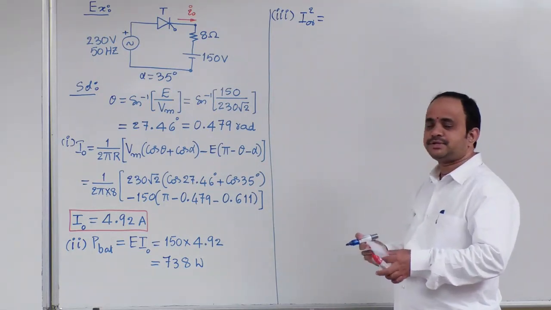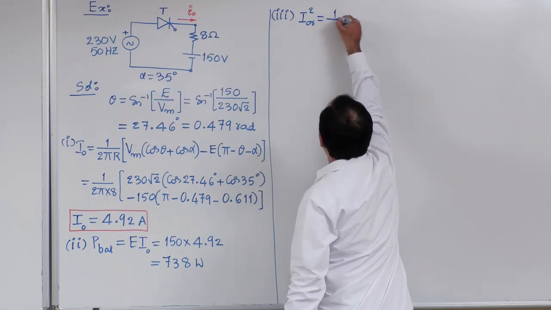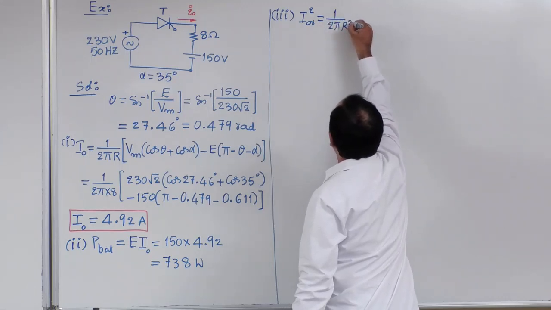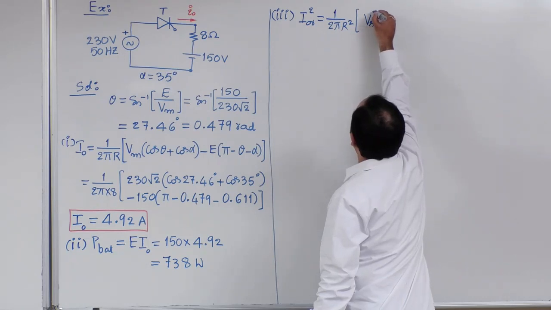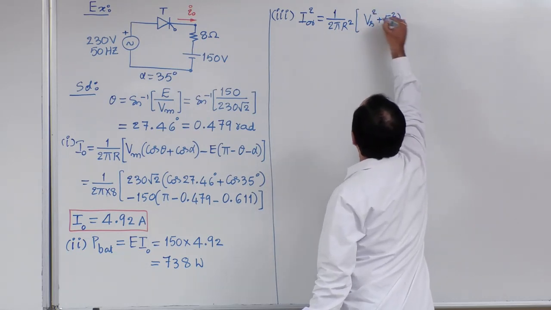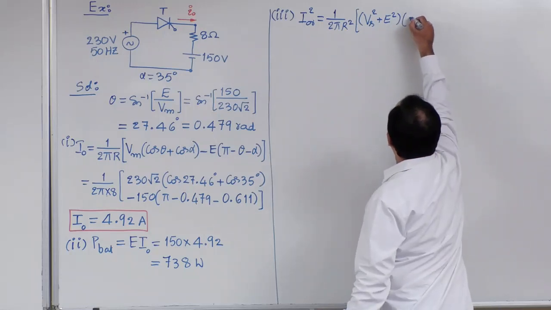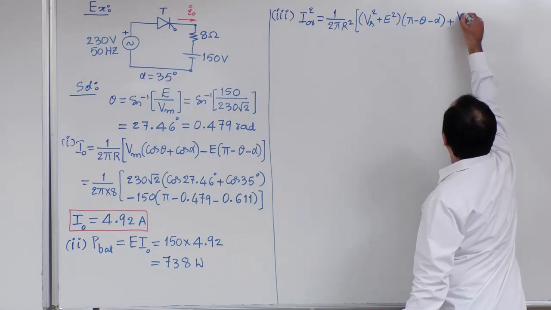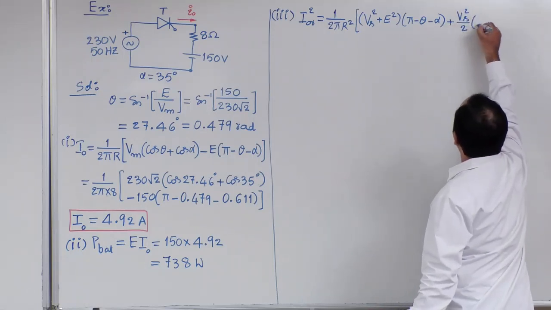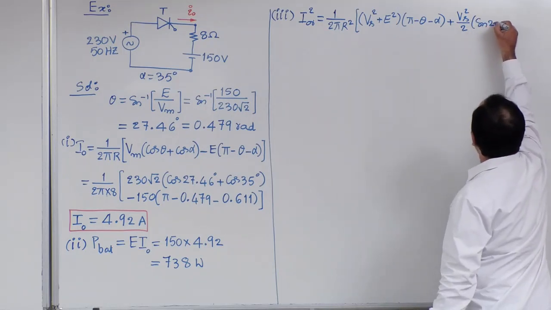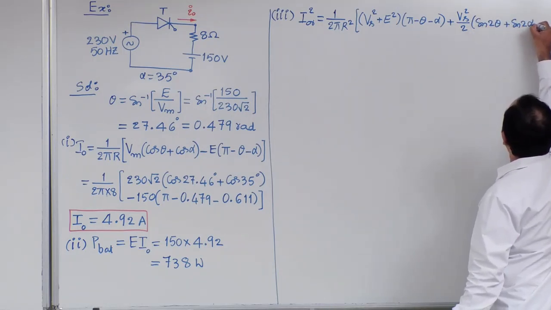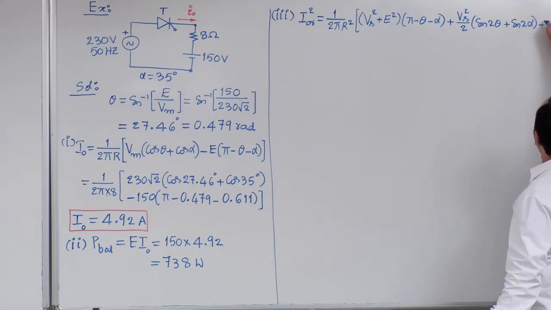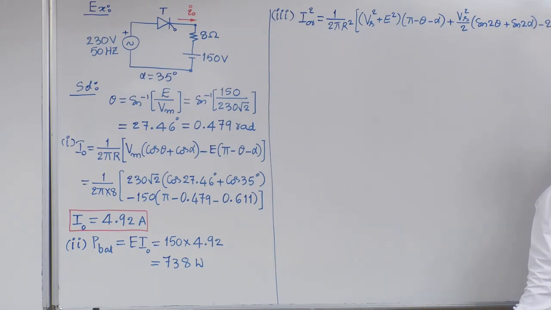What is the expression for I o R square? 1 by 2 pi R square into Vs square plus E square multiplied with pi minus theta minus alpha plus Vs square by 2 into sin 2 theta plus sin 2 alpha minus 2 Vm into E multiplied with cos theta plus cos alpha.